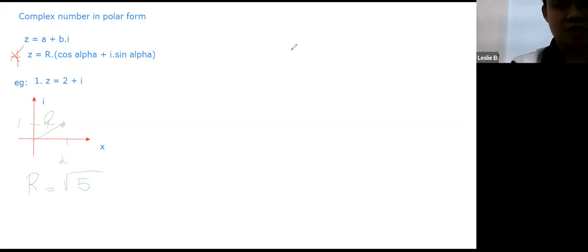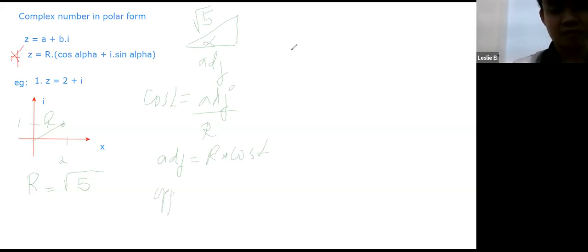Now, if you refer to the right angle triangle, this is root 5. This is your angle. When I want to solve the adjacent side, I should start with cos alpha, which equals adjacent over root 5, over r in this case. So my adjacent side is equal to r times cos alpha. If I want to find the opposite side, I won't be using cos, but I will be using sine.